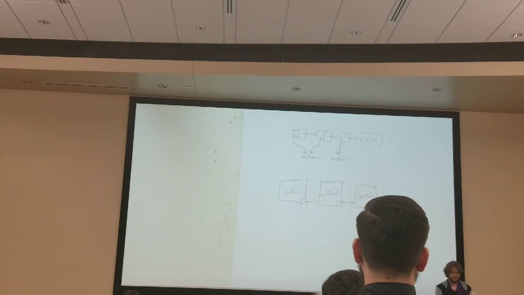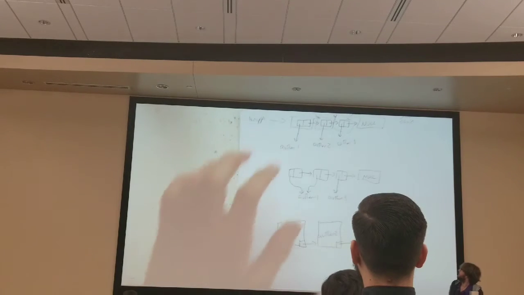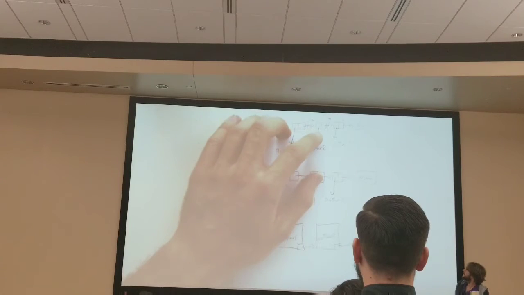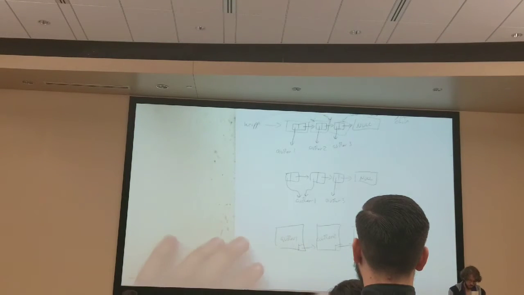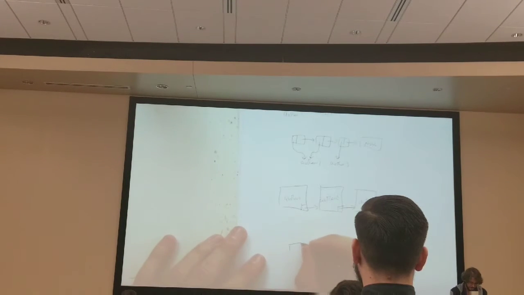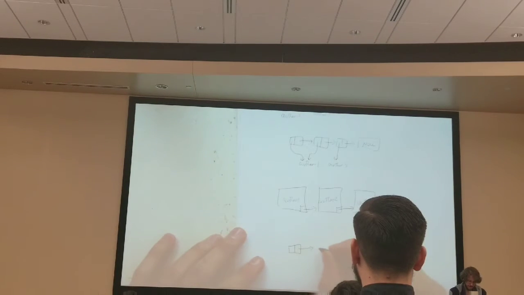What if I wanted to remove author 2, hypothetically? What you might be tempted to do is say, okay, author 1, you're not going to be pointing to author 2 anymore. We're going to free author 2, and we're going to point to null.